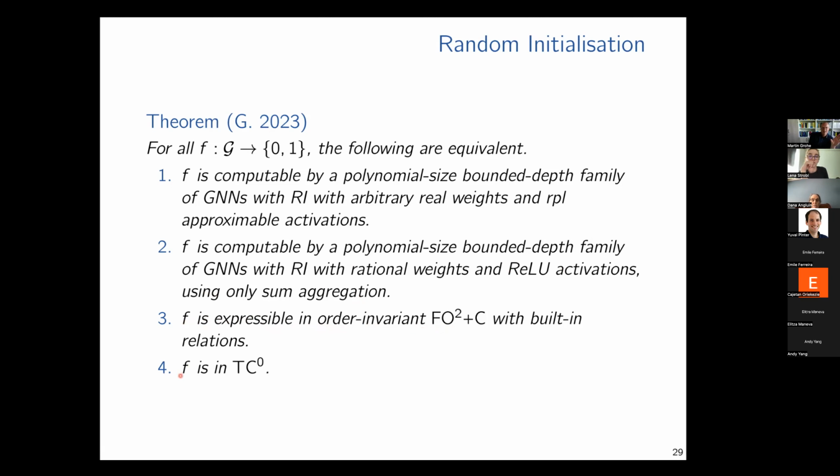I'm not going to explain this, but the fourth point is maybe the main result. It's in non-uniform TC0. So if we add random node initialization, we have precisely TC0. We have been in TC0 before, but now we can express everything in TC0.